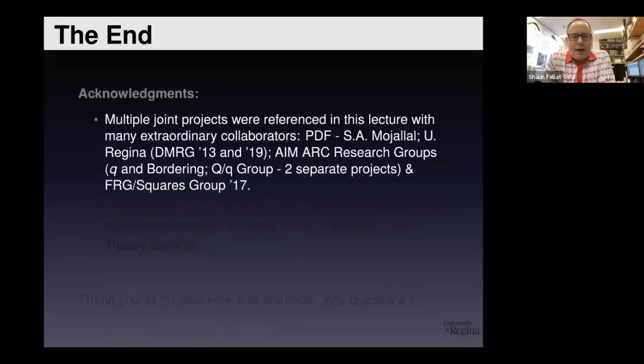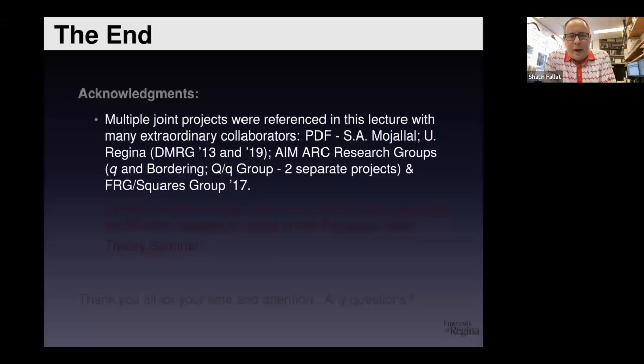All right, folks. There's a number of projects that I highlighted here as I went along. I talked about work with my postdoc, Saeed Mojahali. There was the University of Regina Discrete Math Research Group, actually 2 editions of that group, 13 and 19. The American Institute of Mathematics developed a virtual research community on the inverse eigenvalue problem of a graph. That was born out of the pandemic, I suppose.